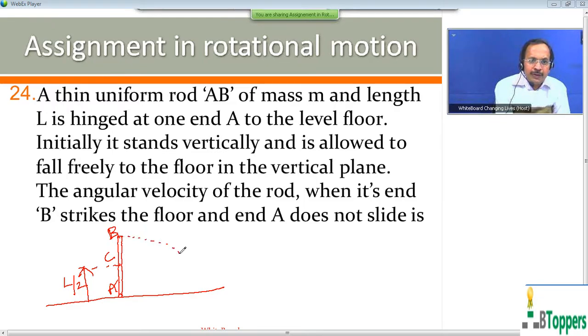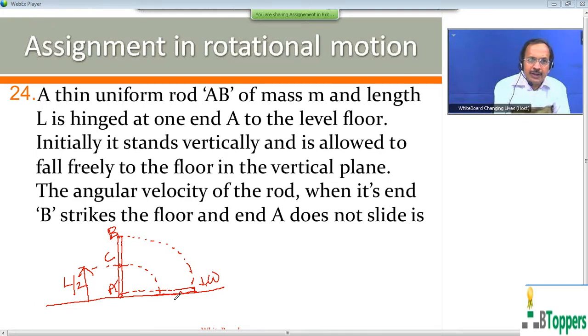When the rod is allowed to fall, the rod performs rotational motion about the axis passing through its lower end A. Let omega denote the angular speed of the rod at the instant just before it strikes the floor. As the rod is allowed to fall, its gravitational potential energy decreases. At the same time, the kinetic energy of the rod increases.